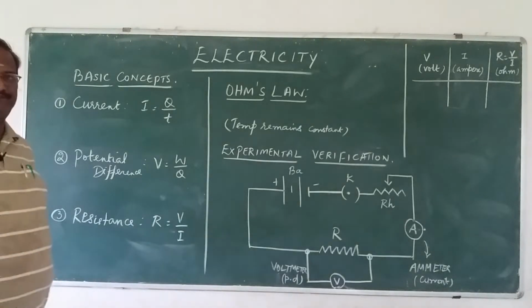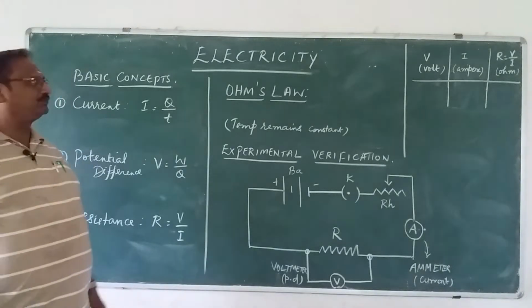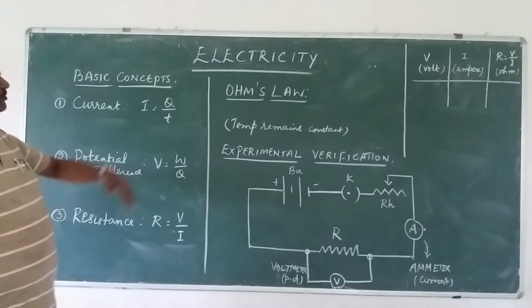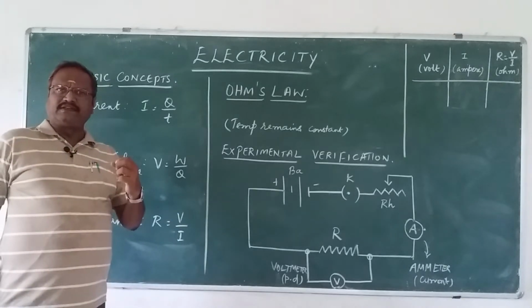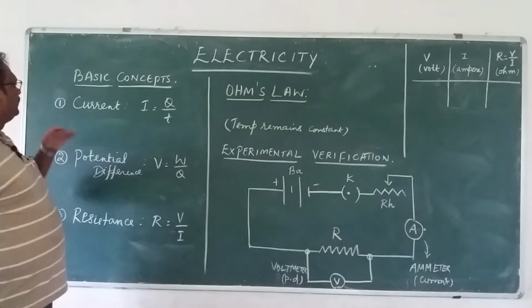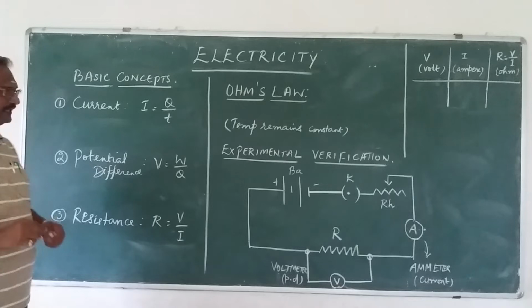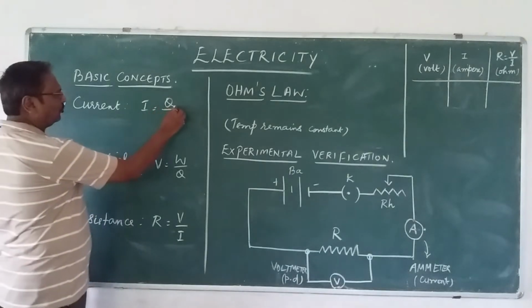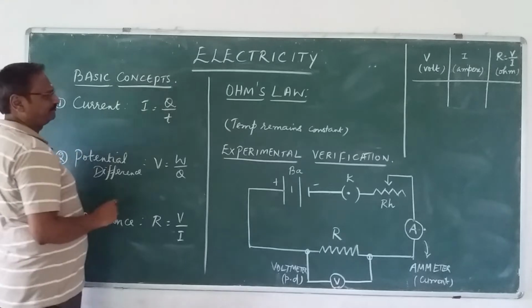Good morning. In continuity to the previous video, today we will continue with electricity. We define certain terms like current. What is electric current? It is the charge flowing through a conductor per unit time.